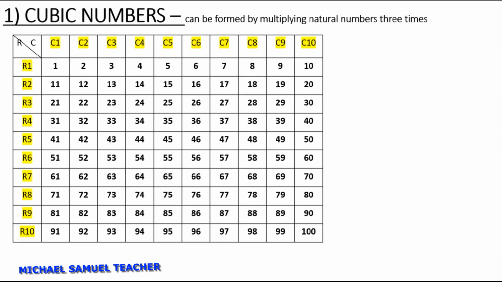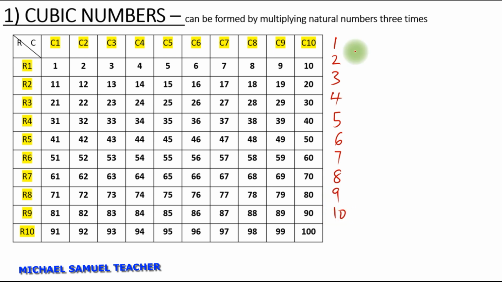For cubic numbers, we say that they can be formed by multiplying natural numbers 3 times. You multiply the natural numbers 3 times. So for this case, we can have the natural numbers 1, 2, 3, 4, 5, 6, 7, 8, 9, 10.